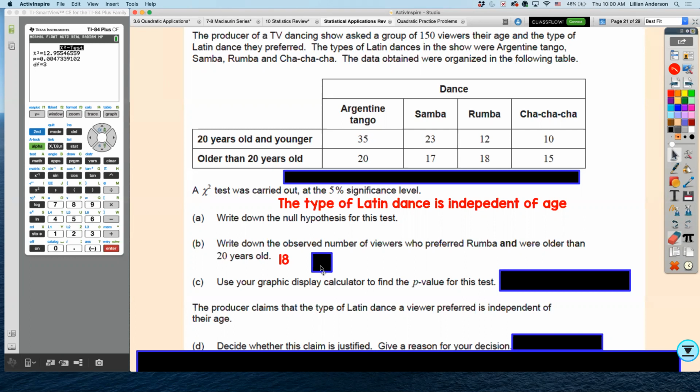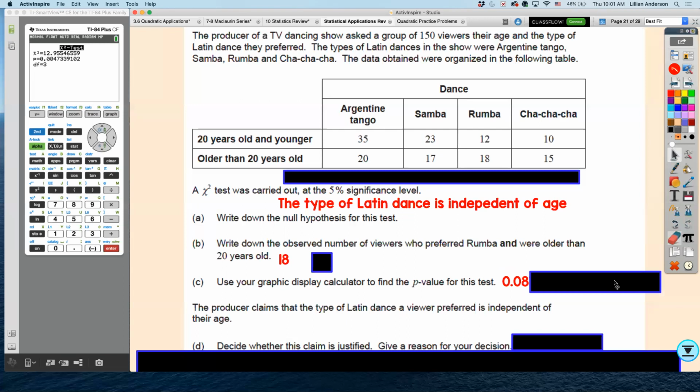P-value is... Somebody online. 0.087. Wait, 0.088. 0.08. How many significant figures is that? Is it only one?